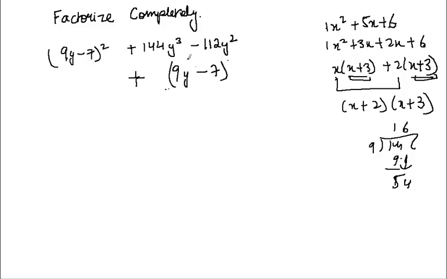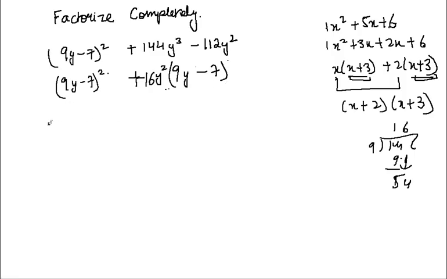We can see that y square is common in both cases, at least both the terms have y square, so that comes out here. We know that 144 divided by 9 is 16, and 16 times 7 also gives us 112. So we can do plus 16y square times 9y minus 7. So 9y minus 7 whole square plus 16y square times 9y minus 7.